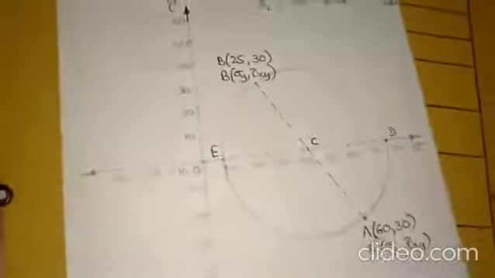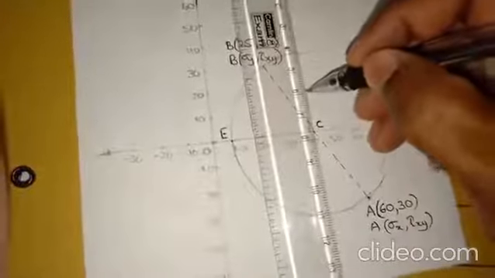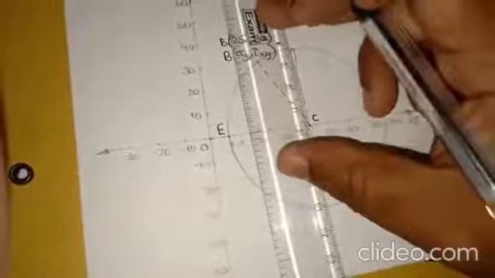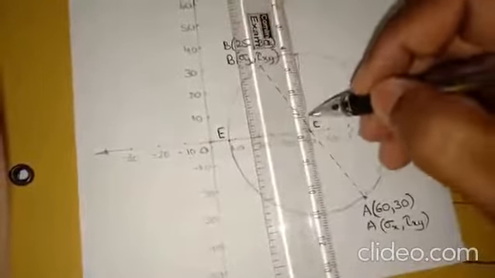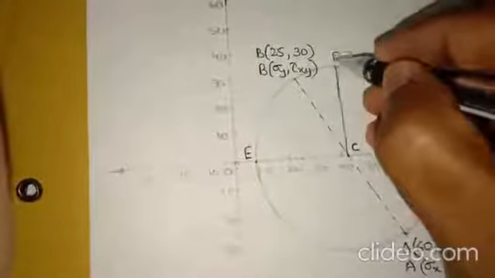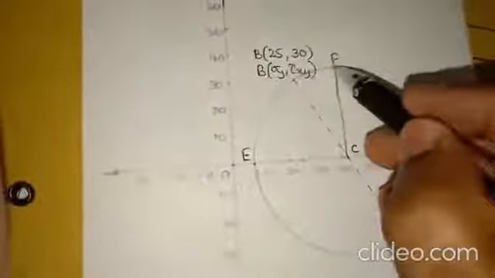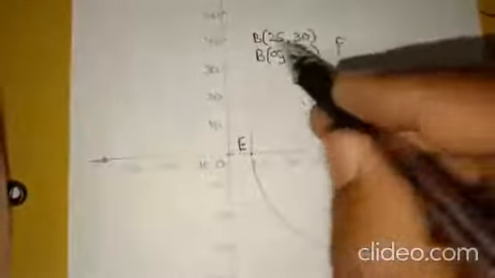Next, we will draw a vertical line from C, and this point I will represent with F. This is the maximum shear stress.